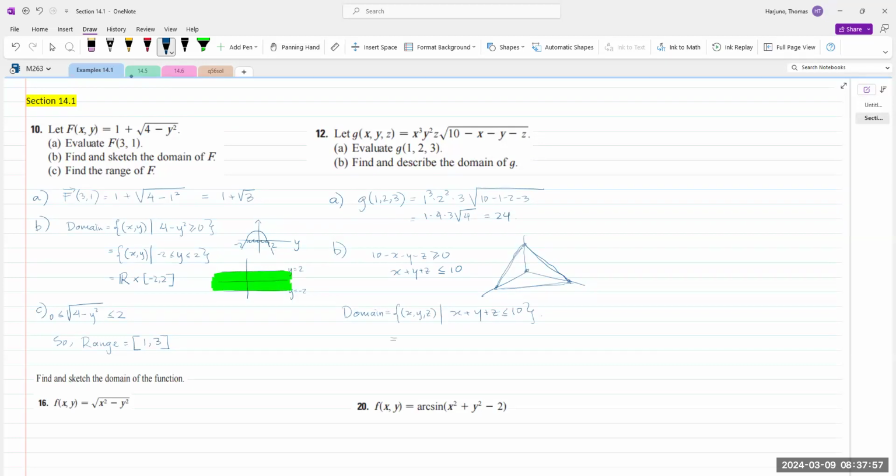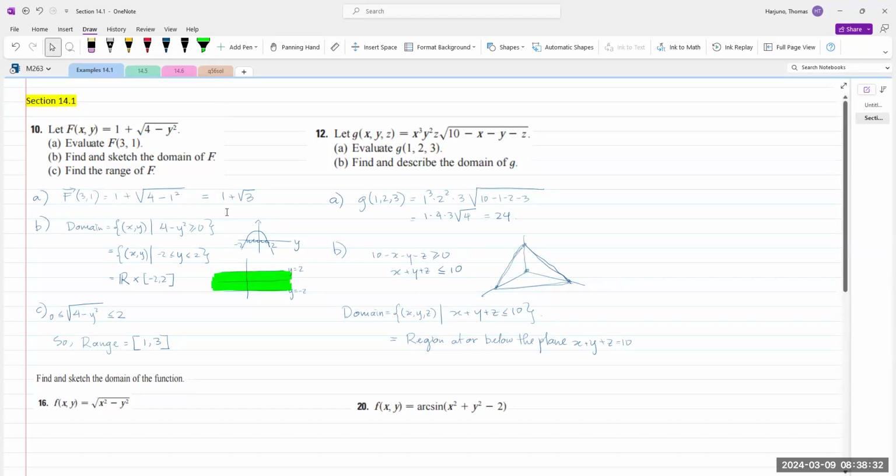If we try to describe that in words, this is the region or the space at or below the plane x plus y plus z equals 10, the region bounded by x plus y plus z equals 10.